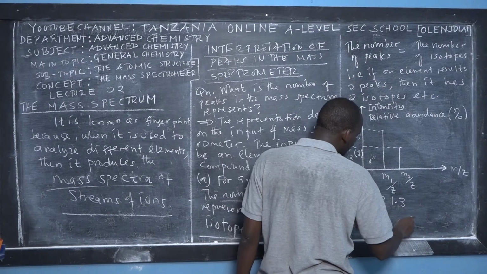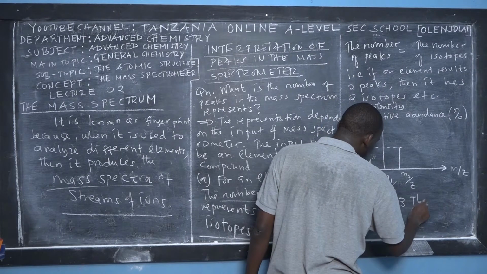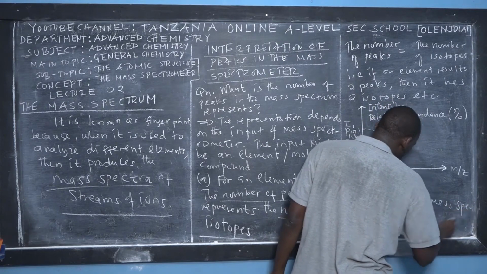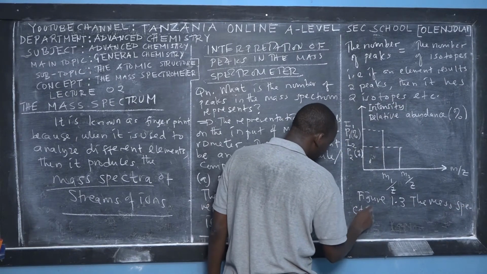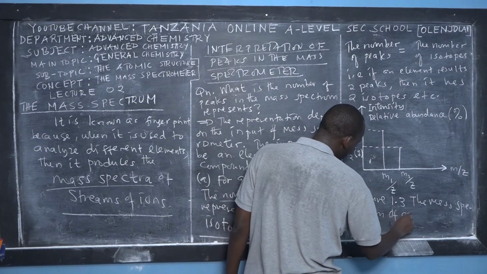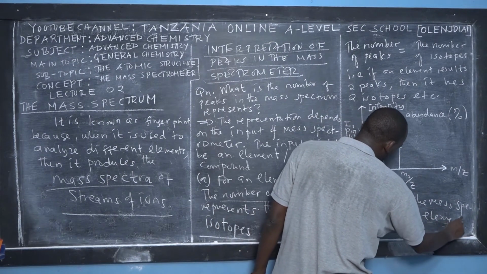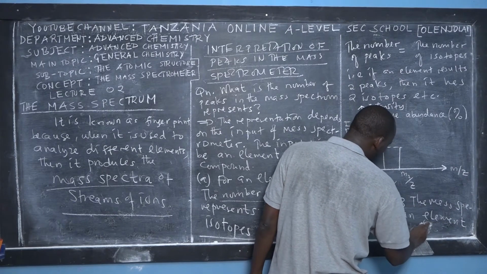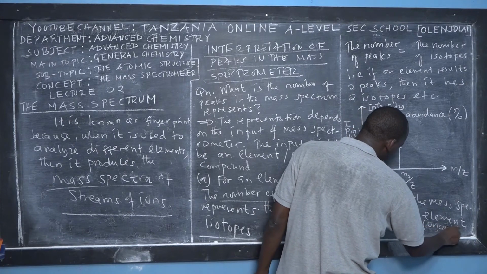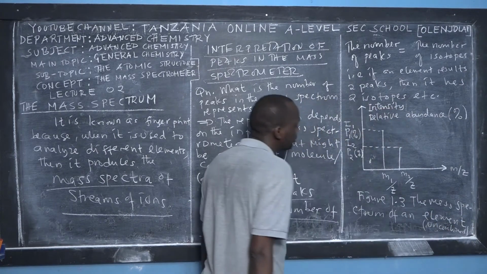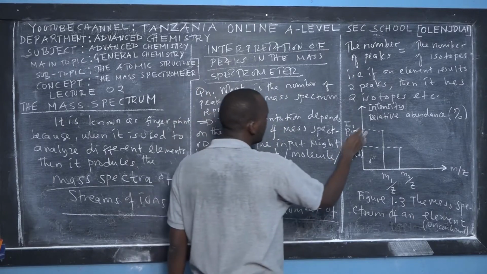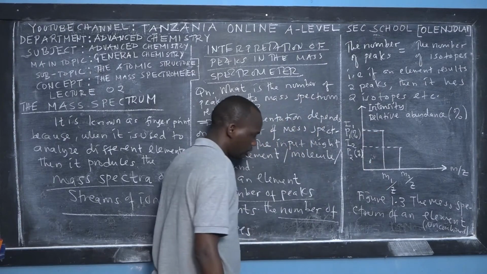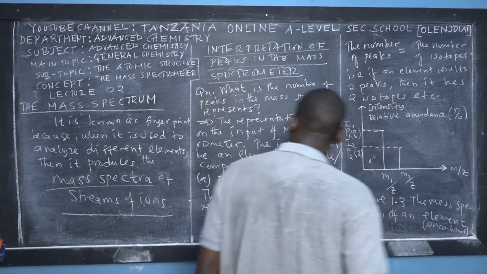So we say that the mass spectrum of an element, in brackets we write uncombined, because for the molecule we have combined elements. Okay? So that's the case and that's the concept.